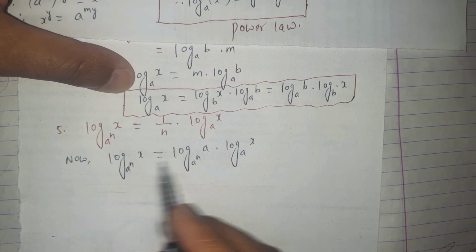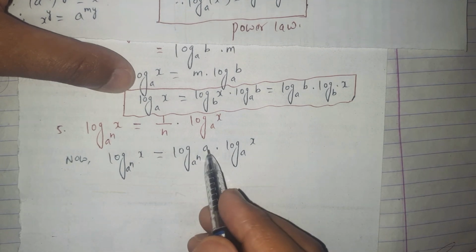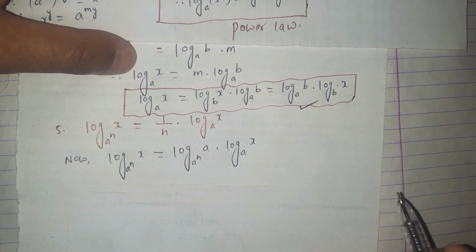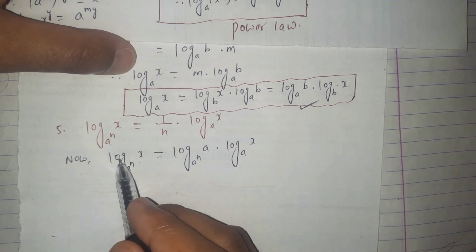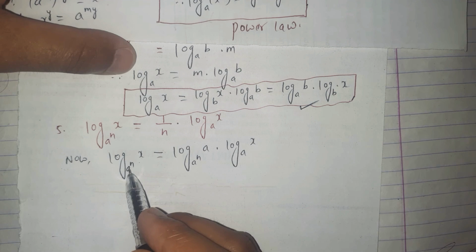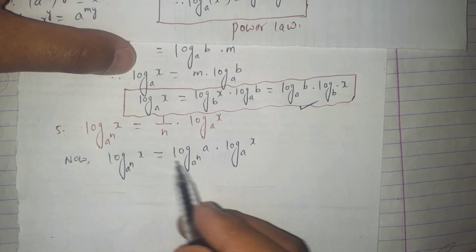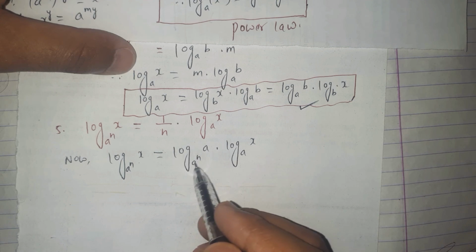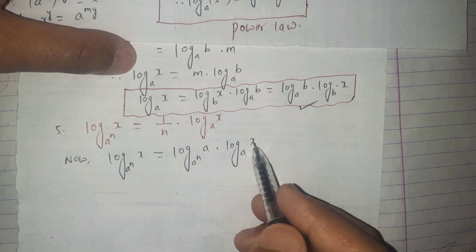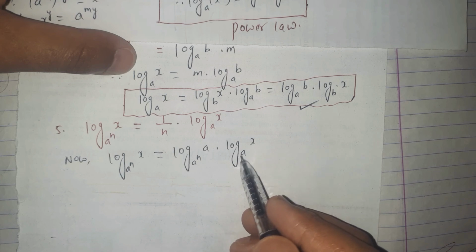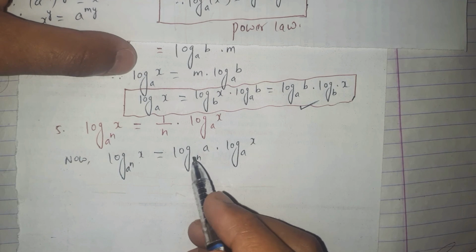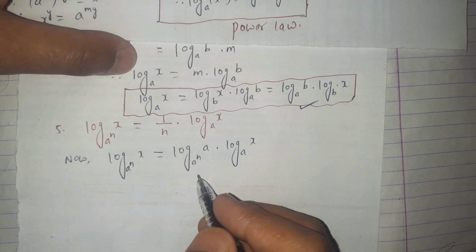Here we just use the change of base formula, which we already proved. The log of x with base a to the power n can be written in the form of log of a with the same base times log of x with base a.